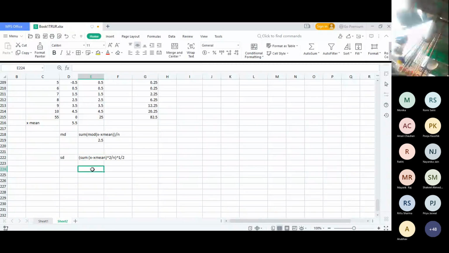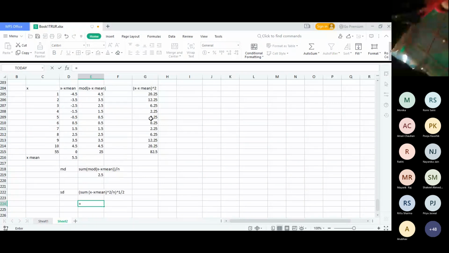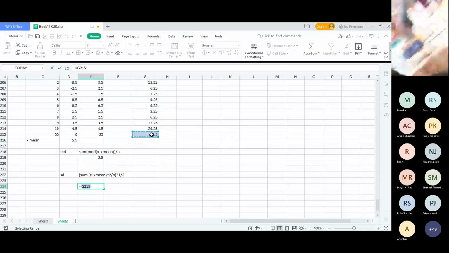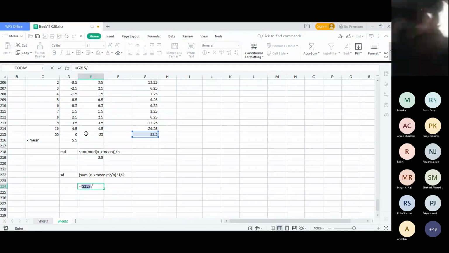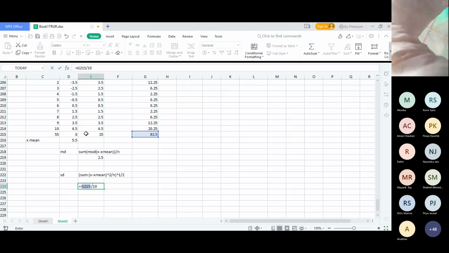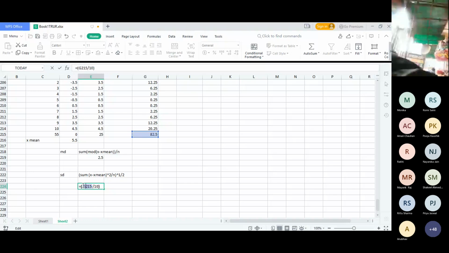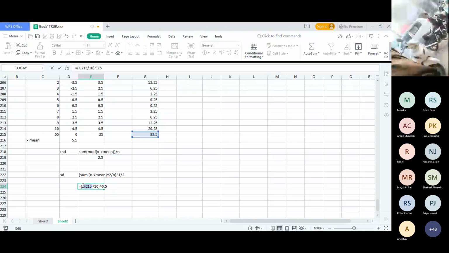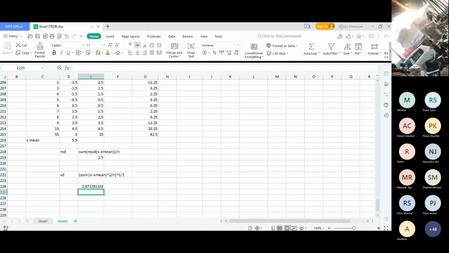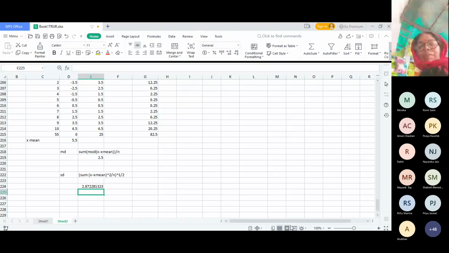So that means the answer becomes the sum of this, (x minus x bar) squared, which is 82.5 divided by 10. 10 is the number of elements, and the under root of the same. If we take the under root of the same, which is raised to the power 0.5, then 2.87 comes out to be the standard deviation for this data.